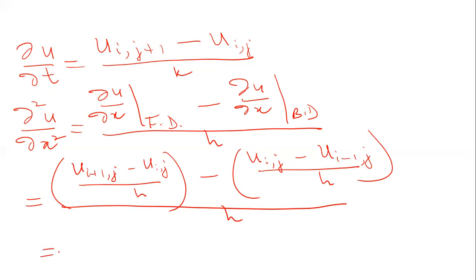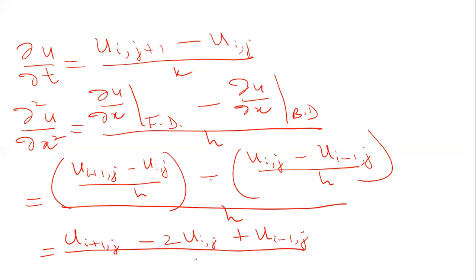So this will be Ui plus 1, j minus 2 Ui, j plus Ui minus 1, j upon h square, which is del square u upon del x square.